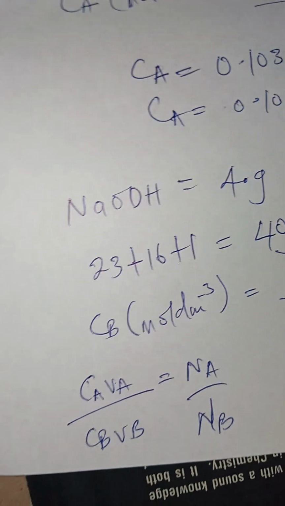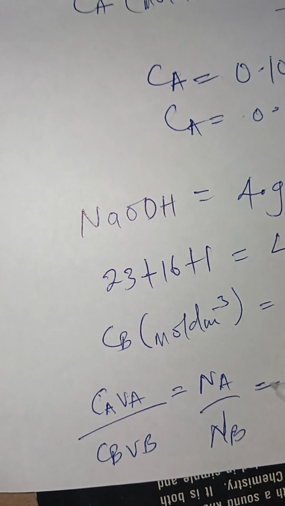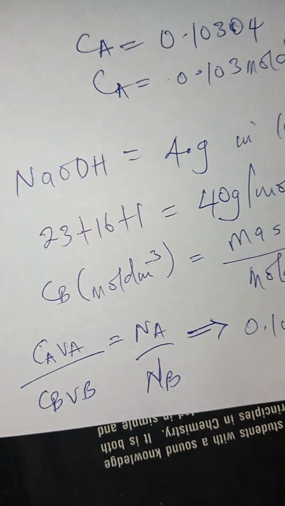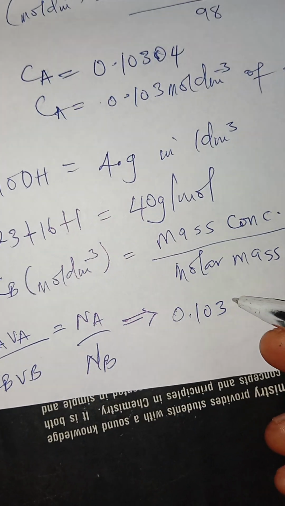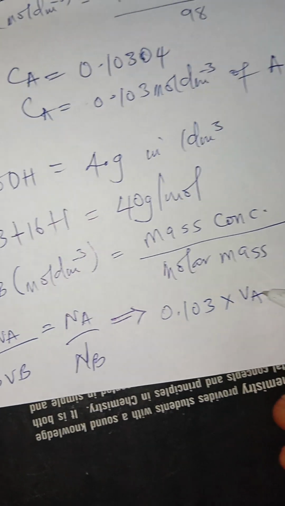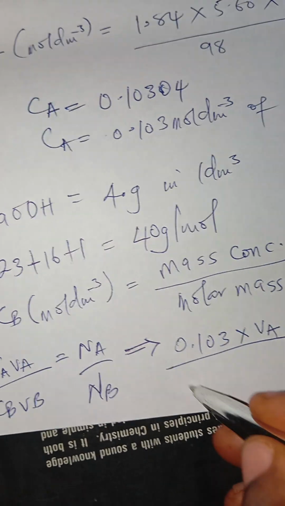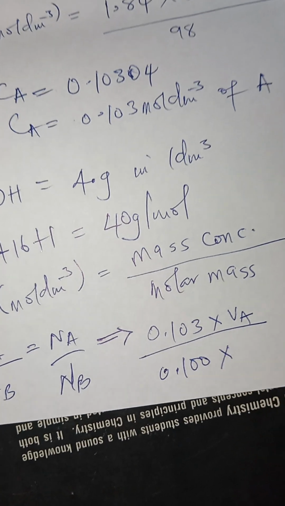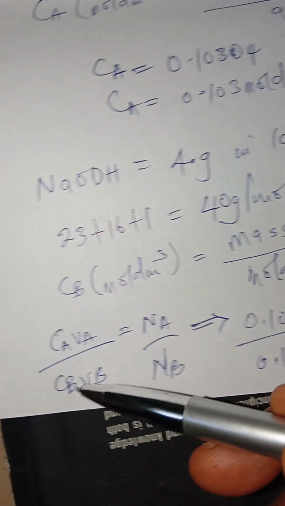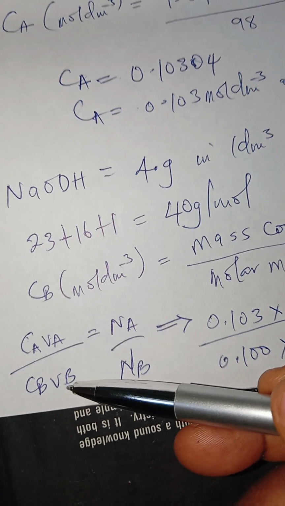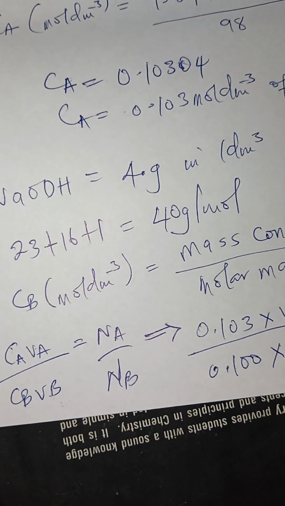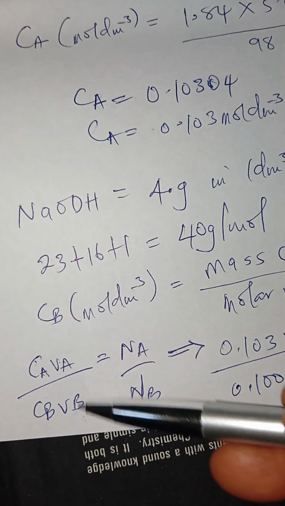Okay, so we'll make our substitution. Our Ca is 0.103 times Va, which is what you're looking for, all over 0.100 for the Cb, and Vb, the volume of your base. I'm using 25. We have two calibrations of the pipette, either 25 or 20 cm cube, but I'm using 25.